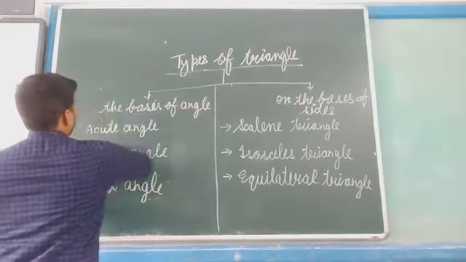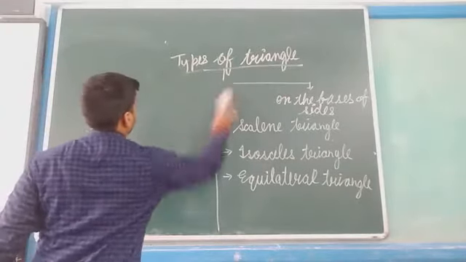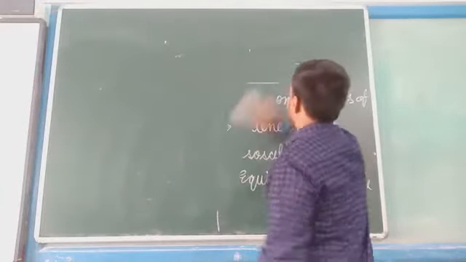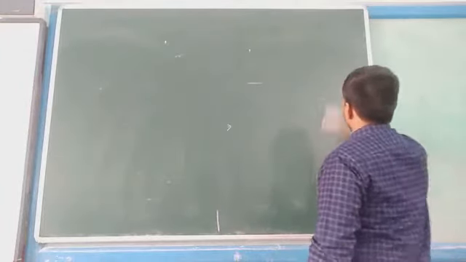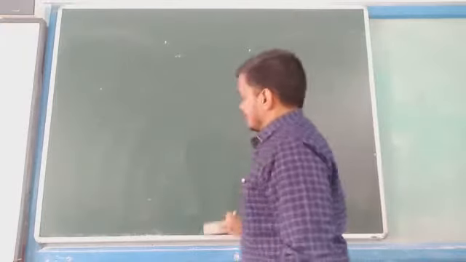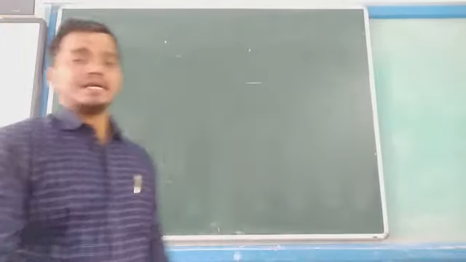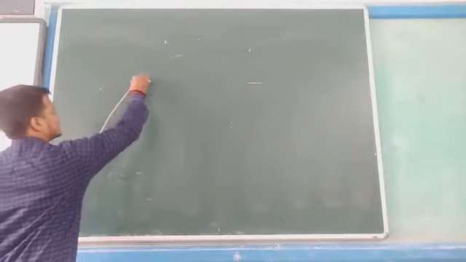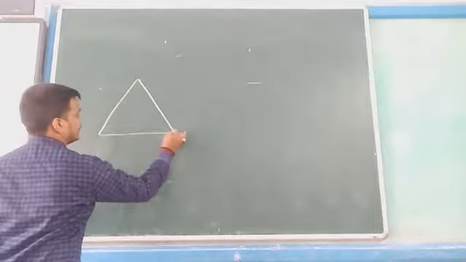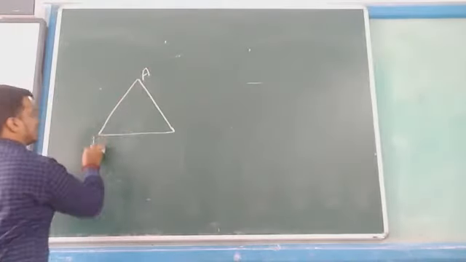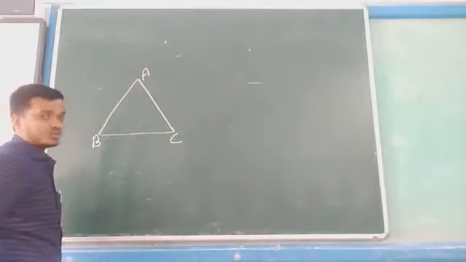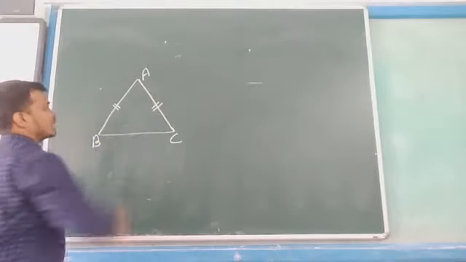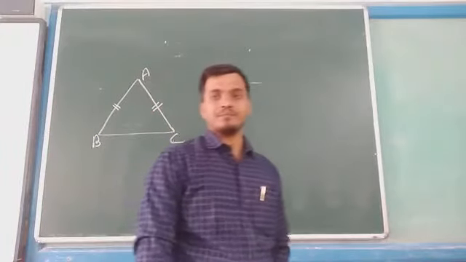But here is one property I have to tell you, a very important property of the triangle. When we take any isosceles triangle, or any triangle whose two sides are equal to each other, suppose the triangle ABC is an isosceles triangle where AB and AC are equal to each other.